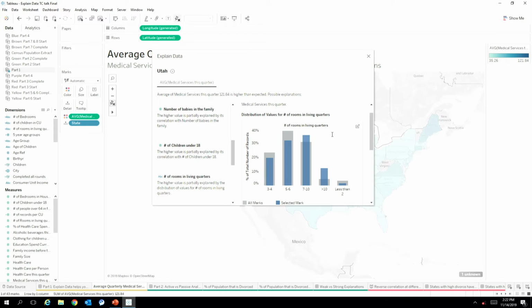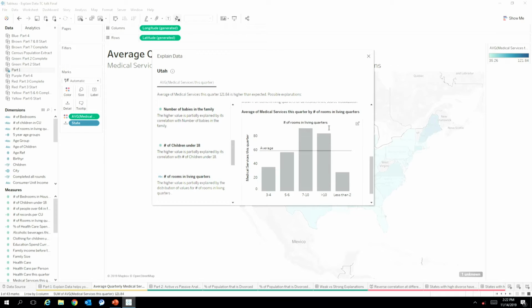So far you've seen a few explanations where it's presenting the result as a scatter plot. If it's using a measure as the explanation, it will show you a scatter plot. If it's using a dimension as the explanation, then you get something like this, where this blue bar is showing that in Utah, a higher proportion of people live in houses with more than 7 rooms in the living quarters.